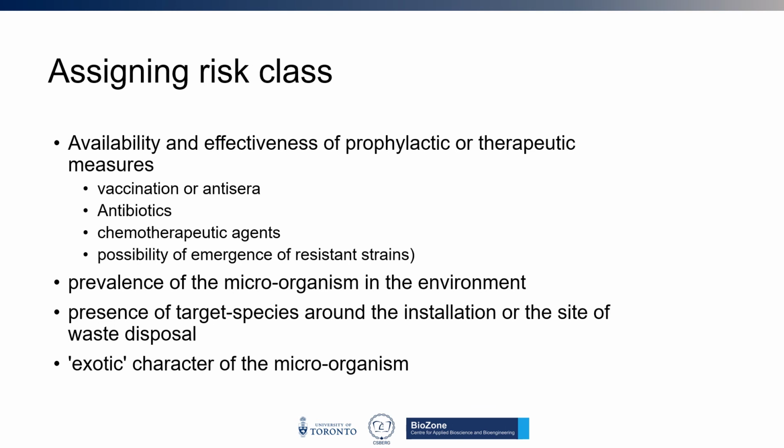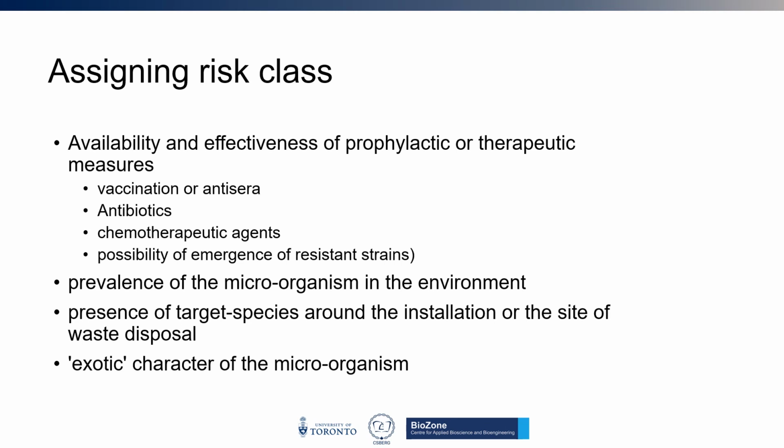Another consideration is the availability and effectiveness of therapeutic measures. Say the organism you're engineering does not have a vaccination, or an antibiotic, or some kind of therapeutic agent that can protect you against it, then that would pose a higher risk. Or say there is a potential for emergence of a resistant strain.